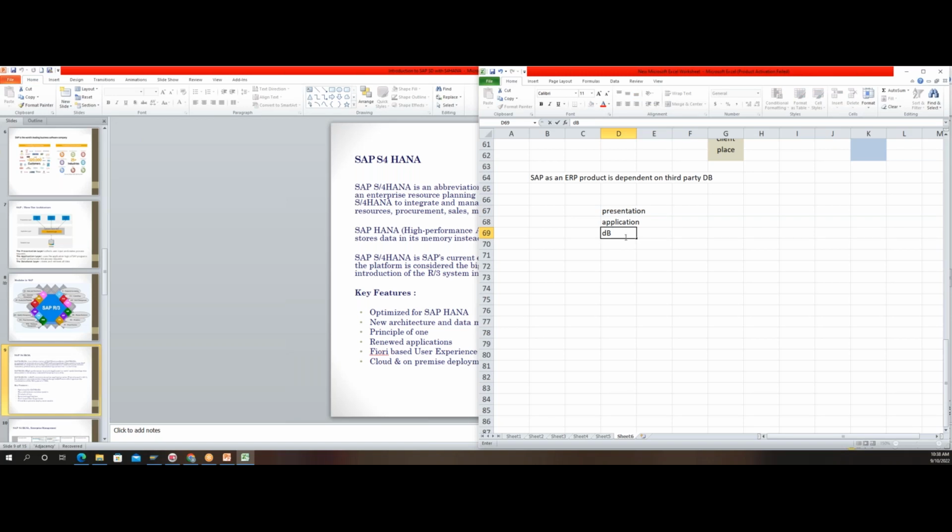Now what is happening? SAP takes the ownership of the entire thing, but the database is not SAP's product. SAP is dependent on Oracle or some other database product available in the market. Now, see the process time.